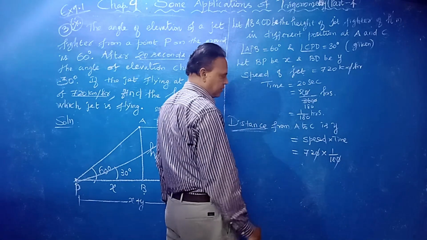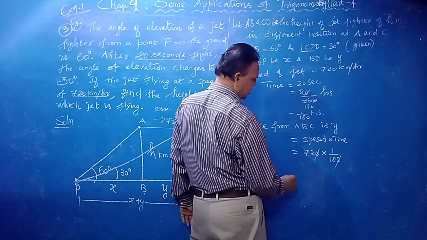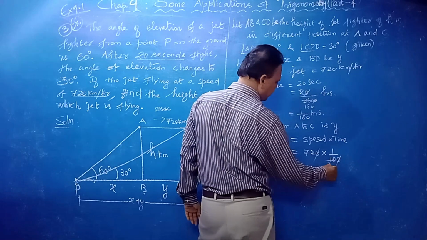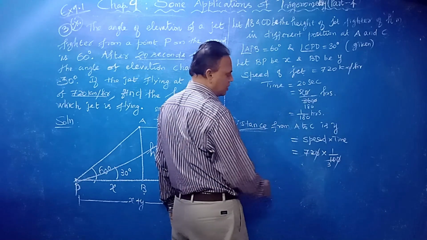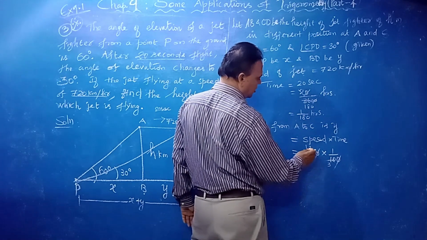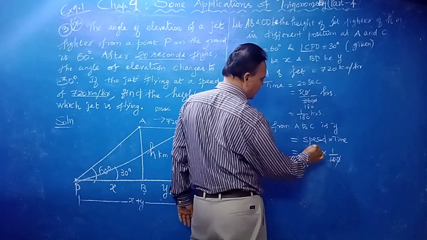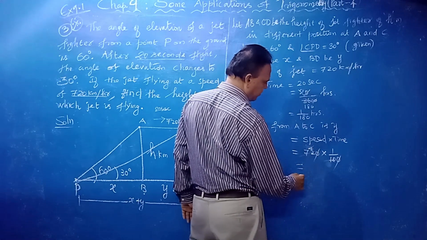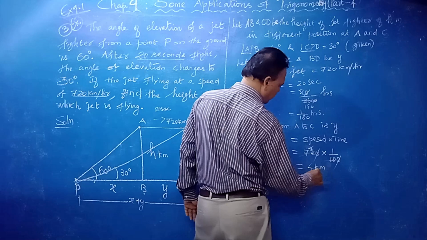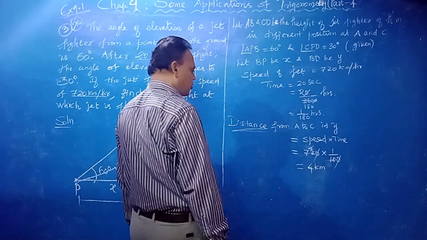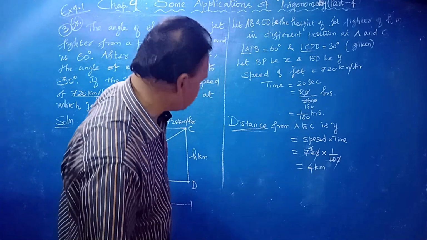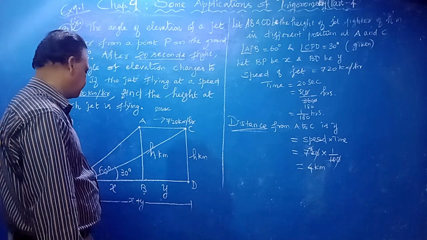Now easily cut it. 18 table 4 times it will go. So 4 kilometer. Understand? So the distance from here to here is 4 kilometer.